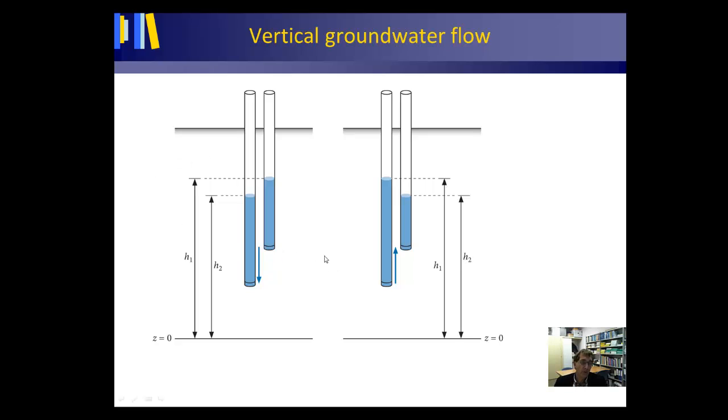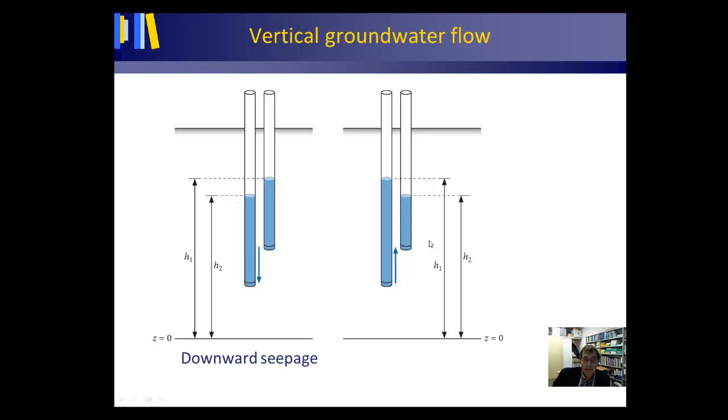Well, here we find at a higher location in the subsoil a higher hydraulic head H1 than deeper down. Here we have a hydraulic head H2, meaning that water is flowing downward, seepage, and with a kind of old-fashioned Dutch term, we call that wegzijging.